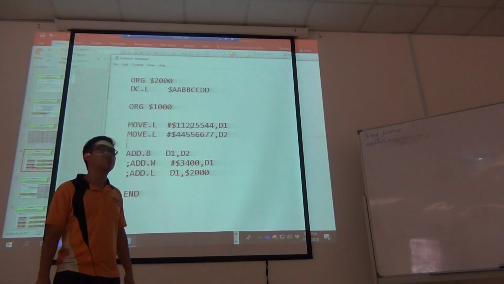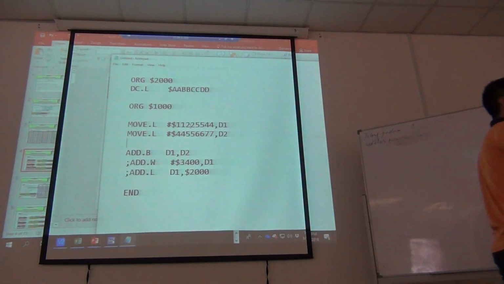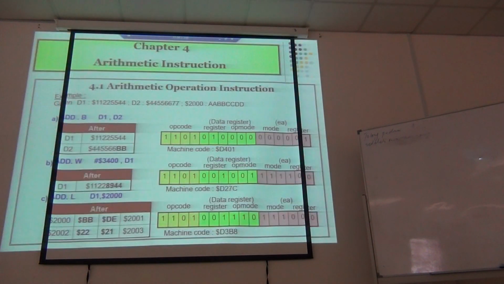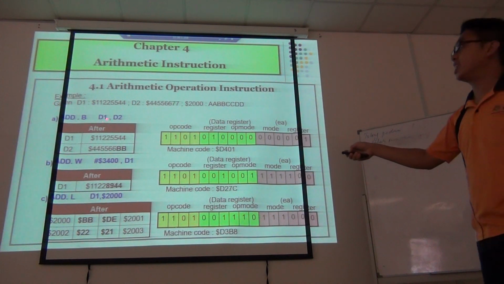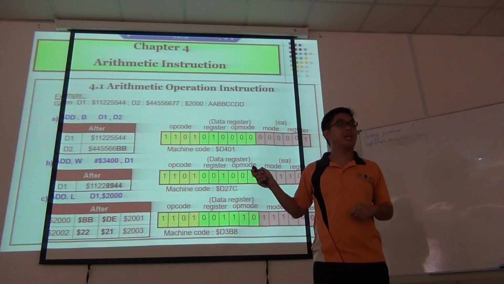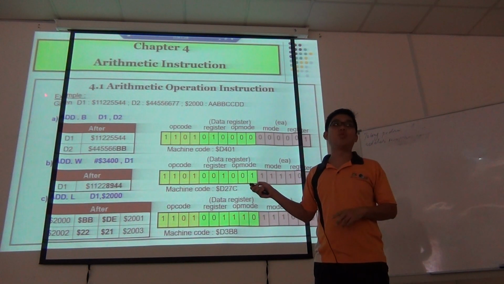So let's try the first one. Done? Everything done, right? I don't see people typing anymore. So add dot B, D1, D2 means that you are going to add byte size at D1 and D2.